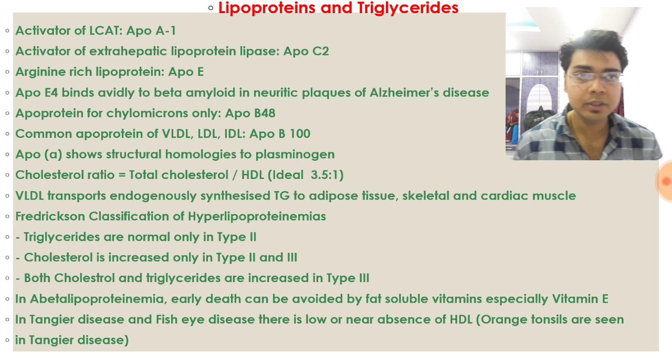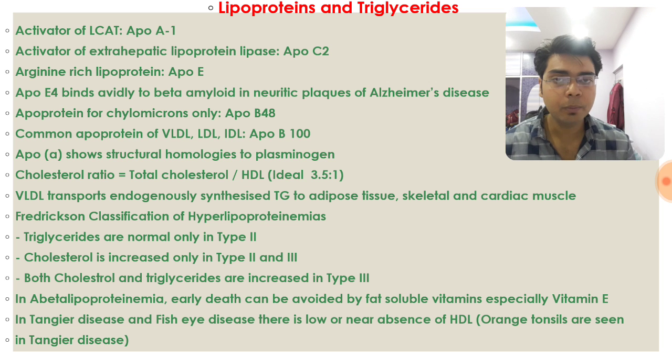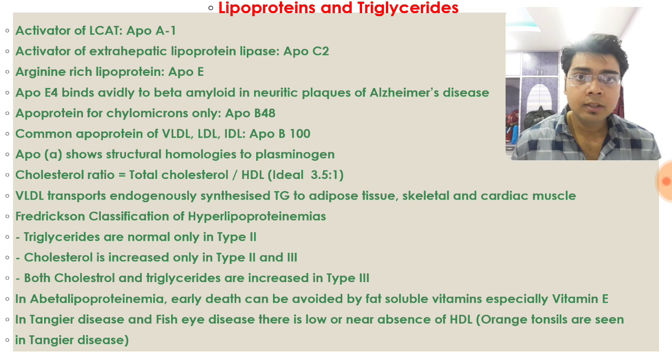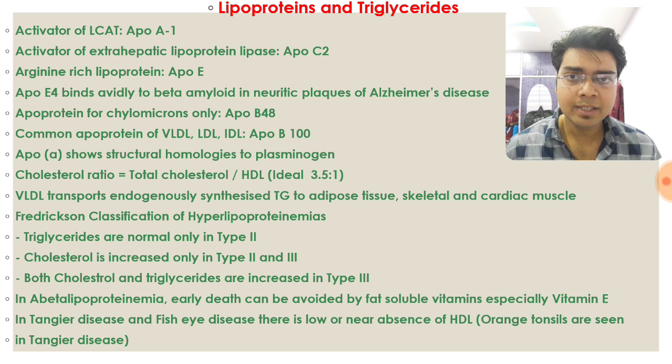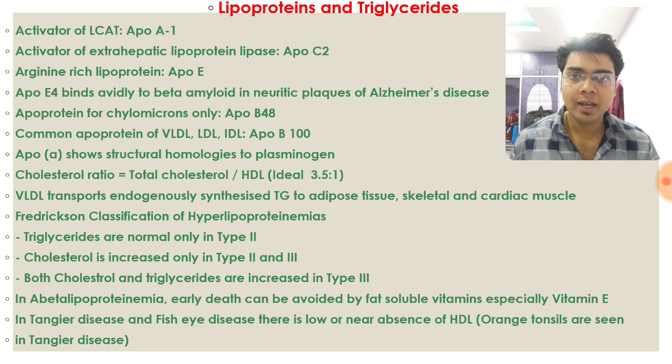useful, that is the lipoprotein and triglyceride topic from your biochemistry section. To simplify it, you should know something about these ApoA1, ApoA2, C1, C2, C3. What they ask is which enzyme these inhibit and which enzyme they activate.